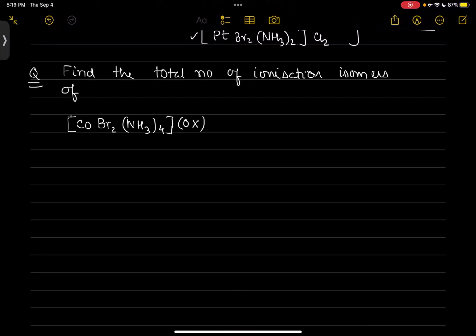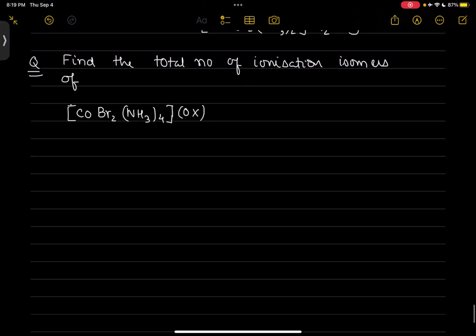So how can we do that? The hint is: oxalato is which kind of ligand? Is it monodentate or bidentate? Can you tell me, Aisha, Marwa, Jaslene, what kind of ligand oxalato is? Is it monodentate, bidentate, tridentate?